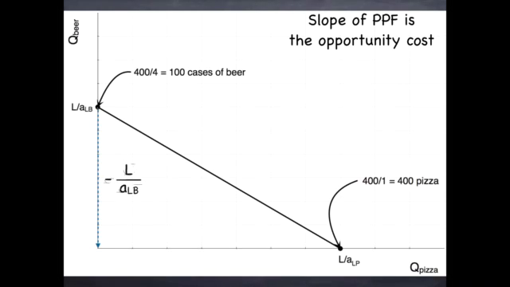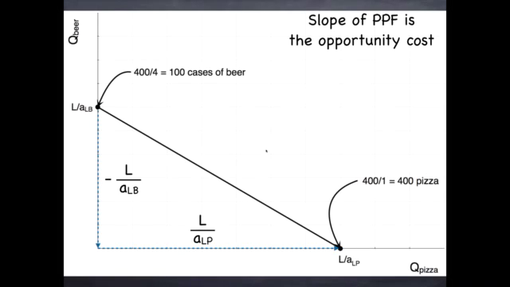So if we move from that point downwards, we are going to lose L divided by the unit labor requirement. It's going to be L, 400, divided by 4, is 100 cases of beer. So we were producing 100 cases of beer, and now we've given up that 100 cases of beer in order to produce the 400 pizzas, which is L, the amount of labor, divided by the unit labor requirement.